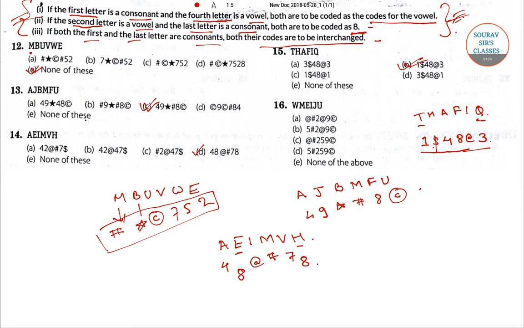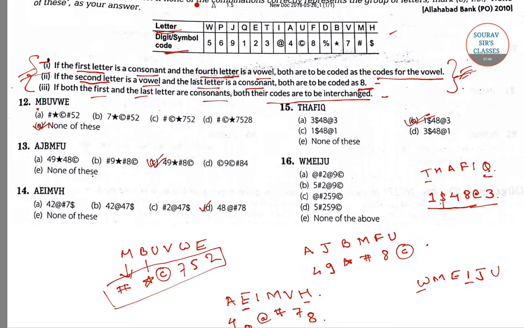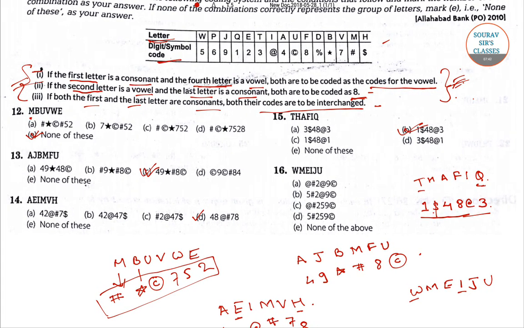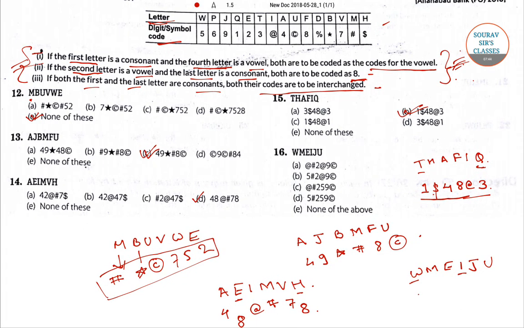Now last one is WMEIJU. Here the first letter is consonant and the fourth letter is vowel, so our condition 1 is applied here. So both should be coded as the code of vowel, that is I, and I is coded as @. So both would be coded as @. Now we will code the remaining.